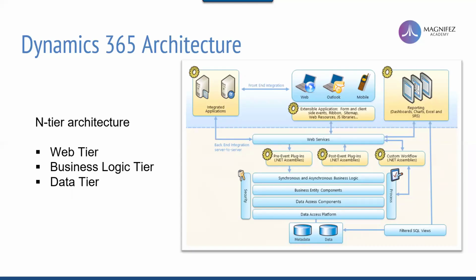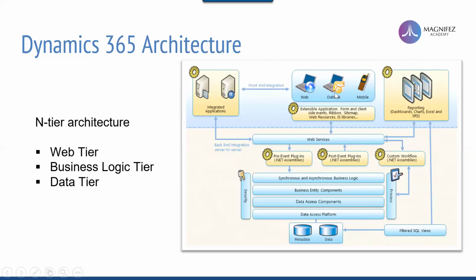In the presentation layer, we have components like forms, client-side events, ribbon, and sitemap, all of which we can customize. You can see the ribbons here and the settings gear button, which indicate areas where you can customize the system. At the form level as well as the reporting level, we can customize the system. You know that we can create reports or customize existing reports within Dynamics using the UI.